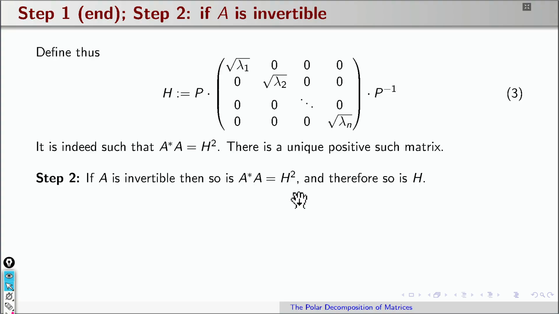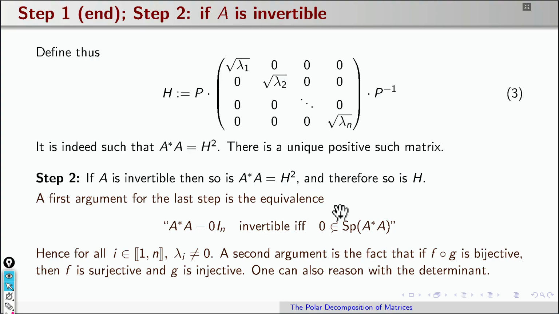Now we want to show that if A is invertible, then U is completely fixed. It goes in two steps. We have to show that if A is invertible, then A star A will be invertible, and H alone is invertible. Let us give 3 arguments for this last step. By definition, for a complex number lambda, if n minus lambda identity is not invertible, then lambda is in the spectrum.